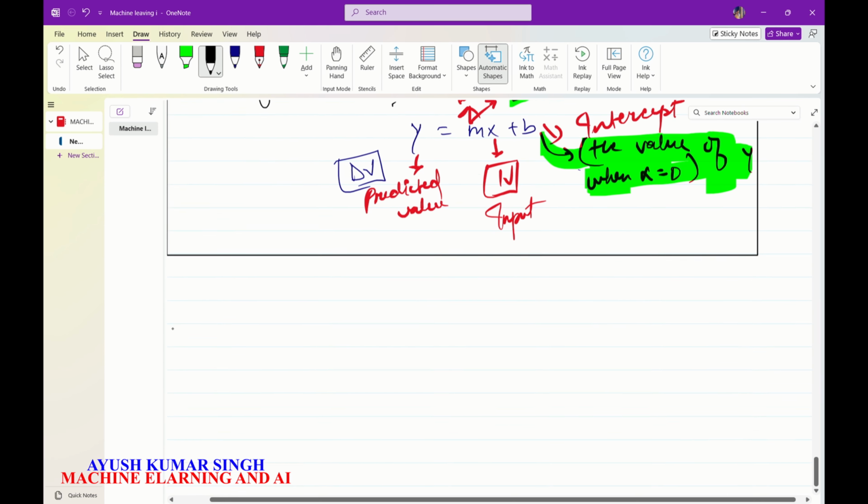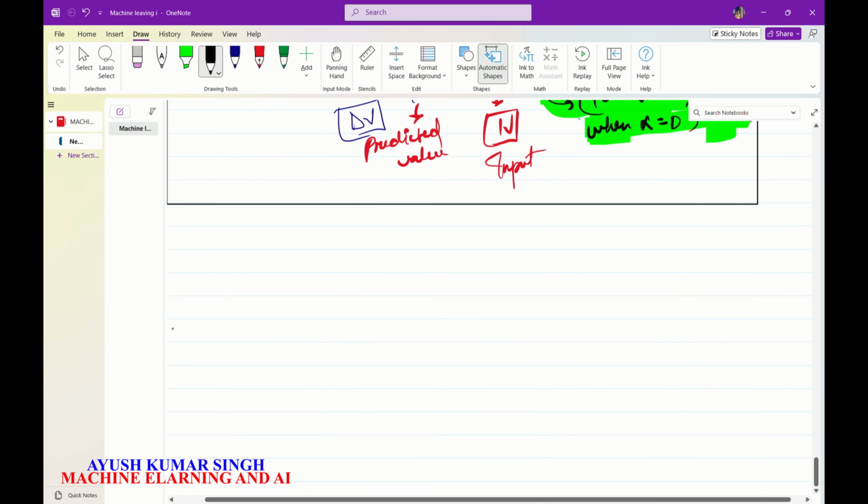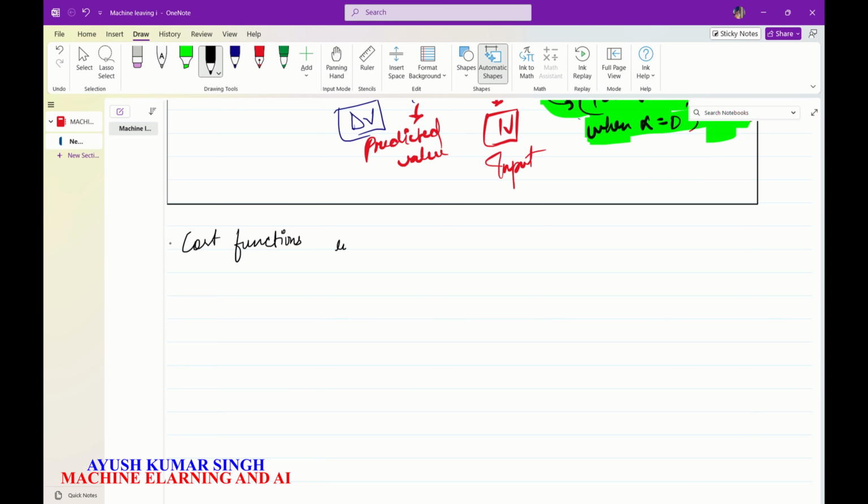Fine. Now let's move forward and we will see cost functions in linear regression.